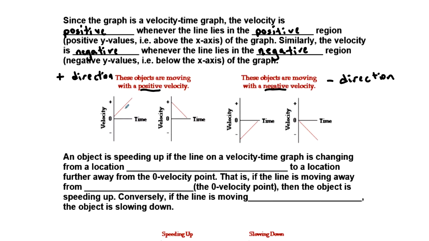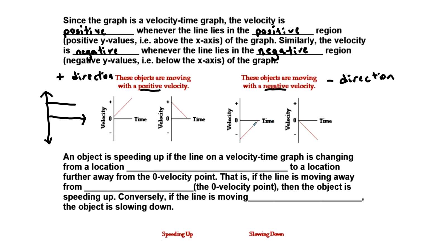Okay, now both, because these are up above, even though this has a positive slope and this has a negative slope, because they're in the positive region, they still mean they're both traveling in the same direction. This one would be speeding up and this one would be slowing down. So the other type of line you could see that's moving in the positive direction is positive and constant, which would be like this, just a horizontal line.